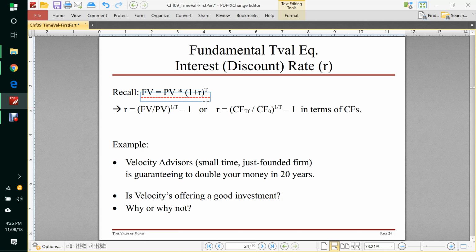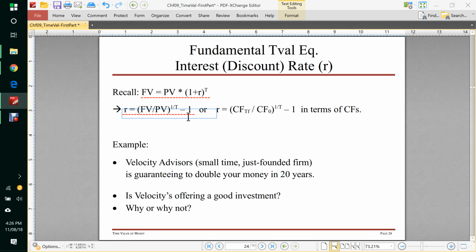So now let's, through the magic of algebra, solve it for our interest rate or our discount rate. So you can check me with a little bit of algebra. We get that the interest rate or discount rate is the ratio of the future value over the present value raised to the 1 over t, minus 1.